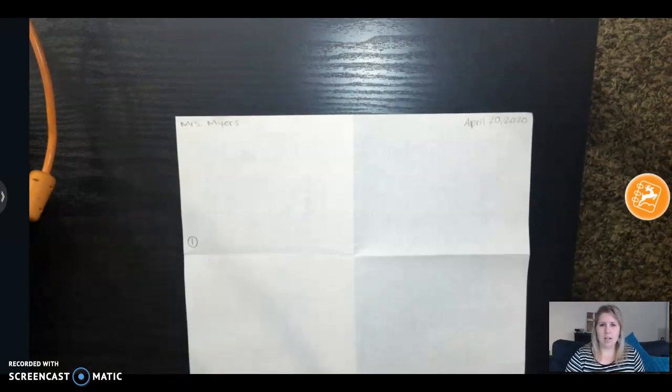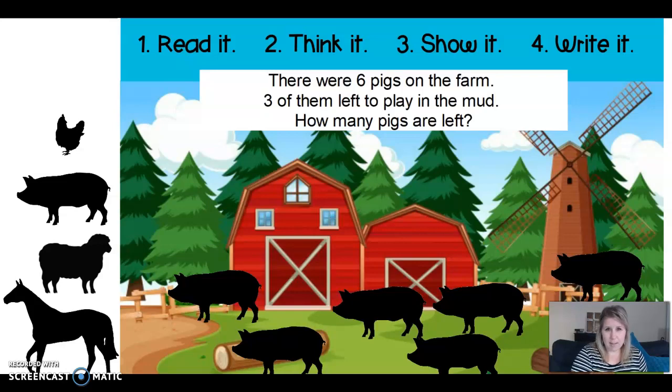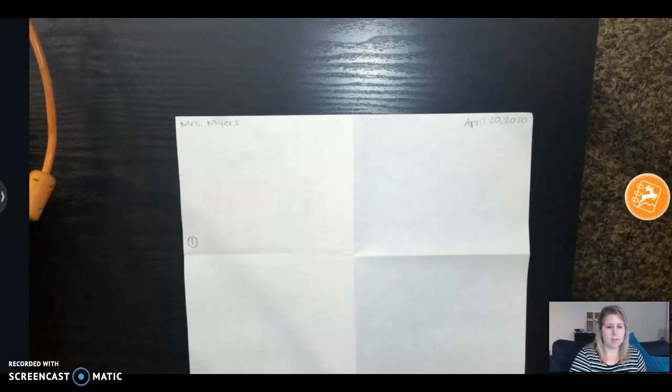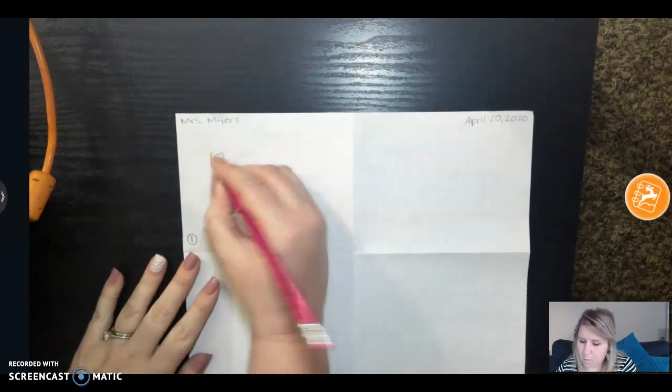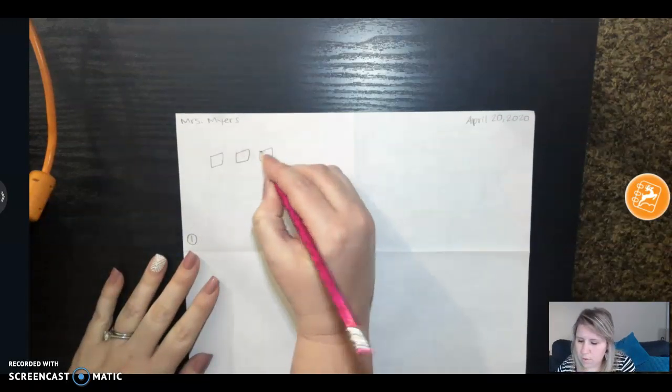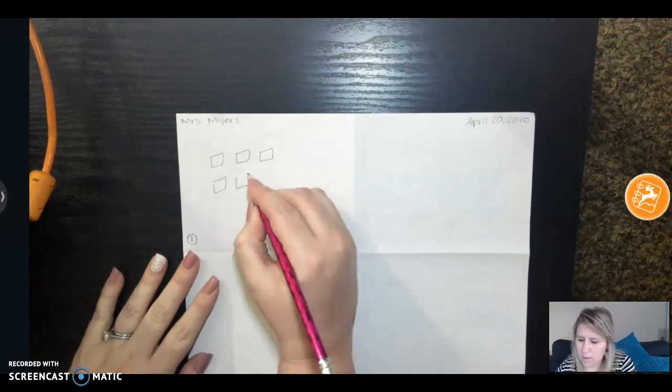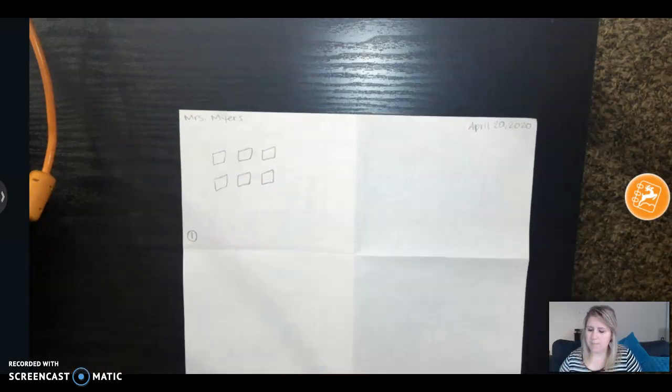So here it said that we had, let's look again, 6 pigs on the farm. 3 of them left to play in the mud. So let's think. I don't want to draw 6 pigs, but I can draw another shape that represents our pigs. So I'm going to draw 6 squares. 1, 2, 3, 4, 5, 6.